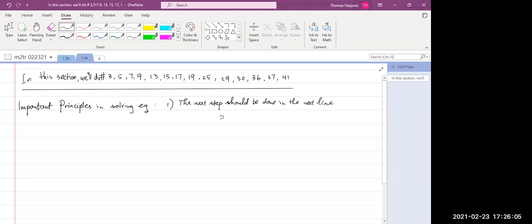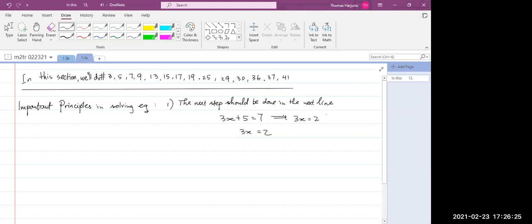Let's say, for example, 3x plus 5 equals 7. What do you do next? Subtract by 5, right? So the next line will be 3x equals 2. Don't write it this way, with 3x equals 2 off to the right. When the question is that simple, maybe that's okay.